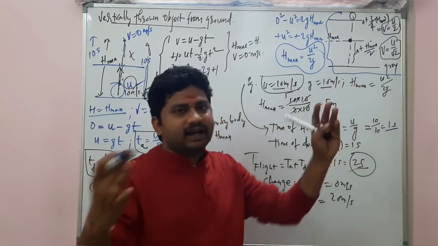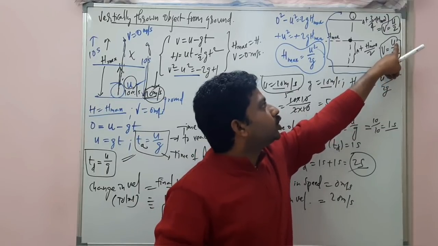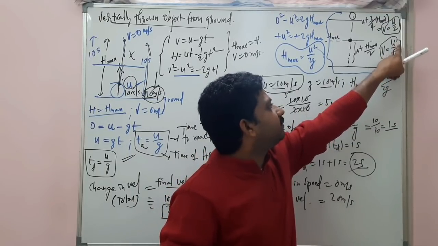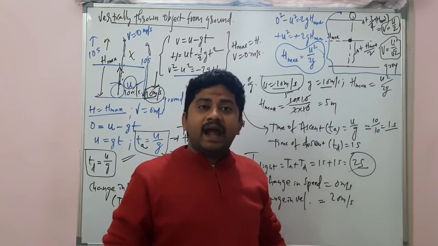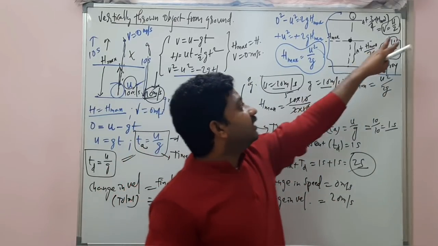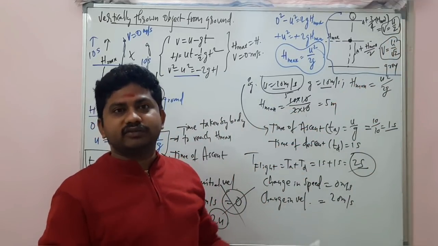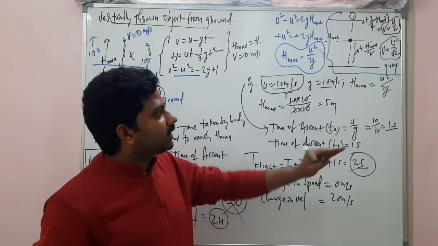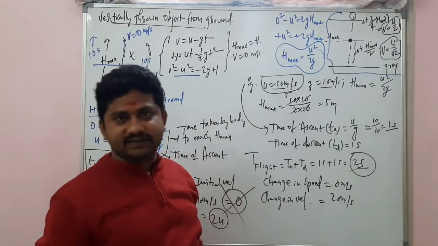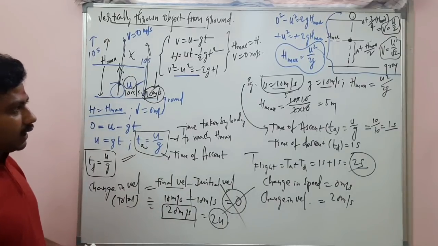At maximum height velocity is 0. At half of the maximum height velocity is u by root 2. So if u is 10, your answer is 10 by root 2. At 3 by 4 of maximum height, the velocity will be u by 2. For example, if u is 10, 10 by 2 is 5 meters per second. It goes like that, it decreases. Okay? Clear?